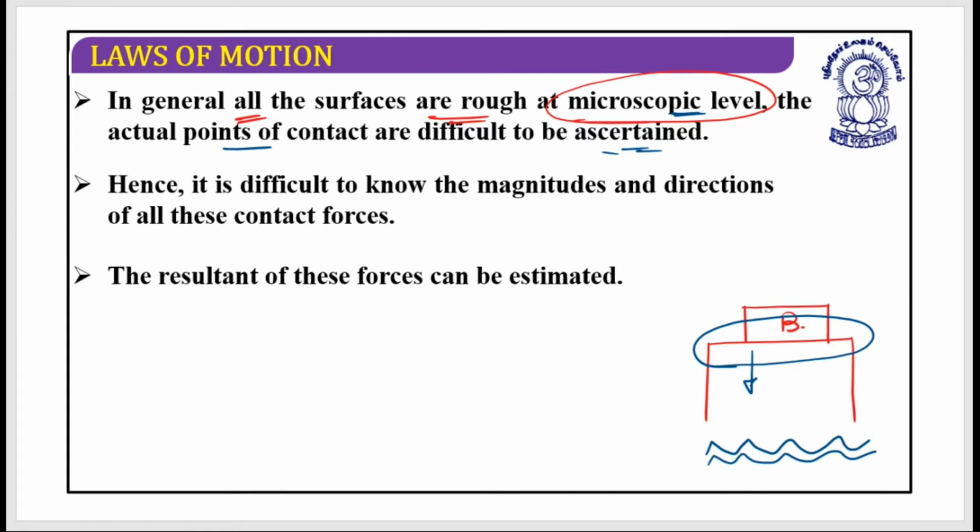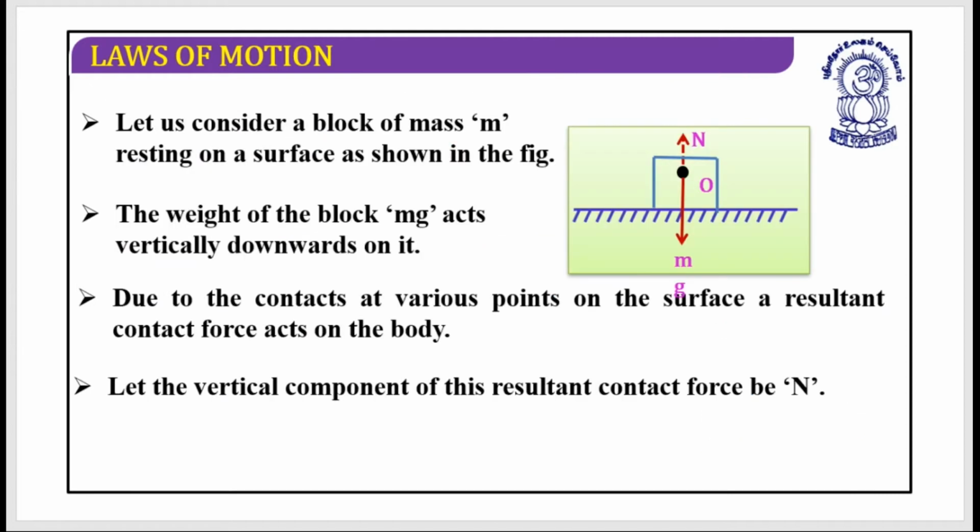So it is difficult to know the magnitudes and directions of all these contact forces, but the resultant of these forces can definitely be taken. The resultant of these forces can be calculated. So let's see how we are going to find the resultant force, or how I can identify in which direction the normal force is acting.